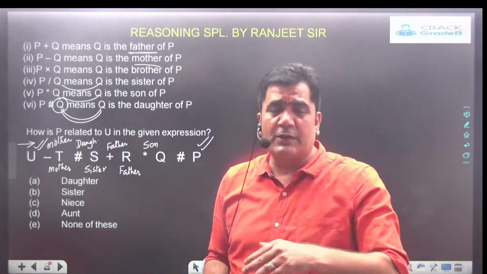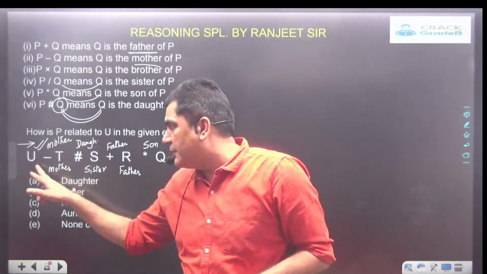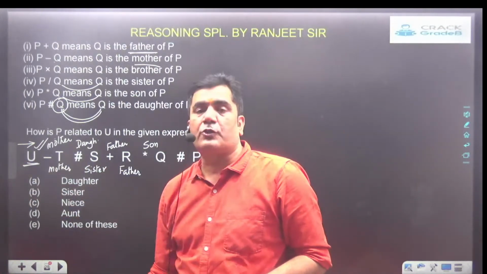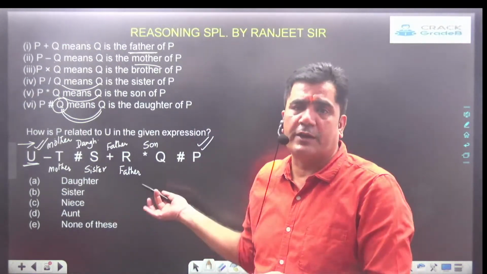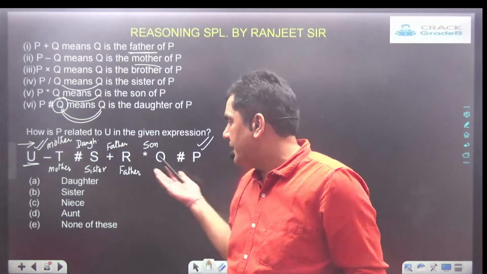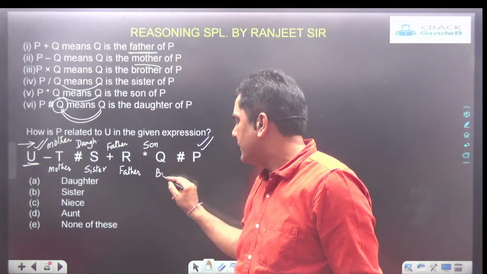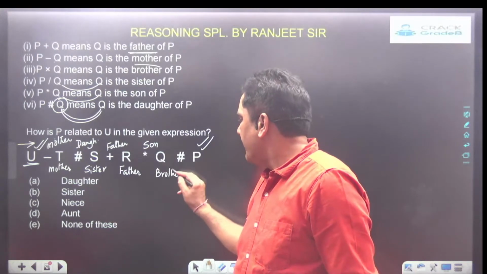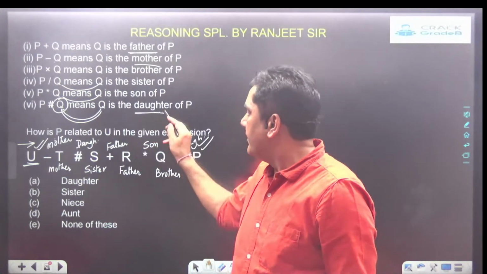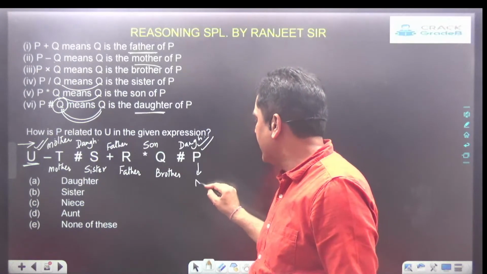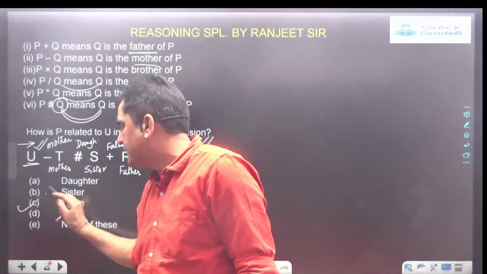Simple logic says, here myself is U, and here they are talking about Q. So very obvious, I can't be over here, because my name is U. So my father's son will be my brother. And next one, my brother's daughter. Daughter is nothing but my niece. So here P is my niece. So the answer is niece.